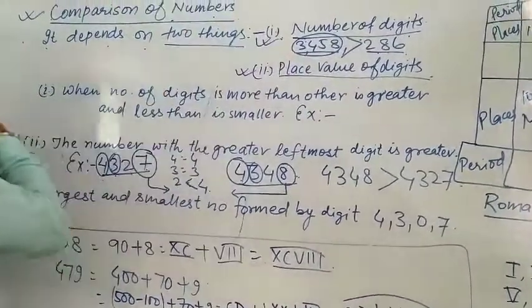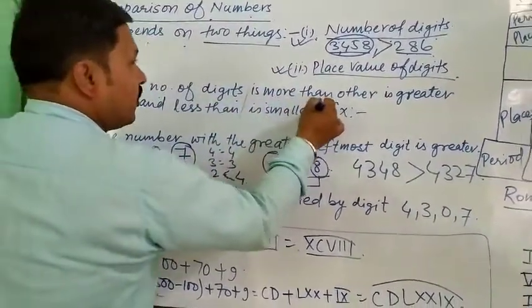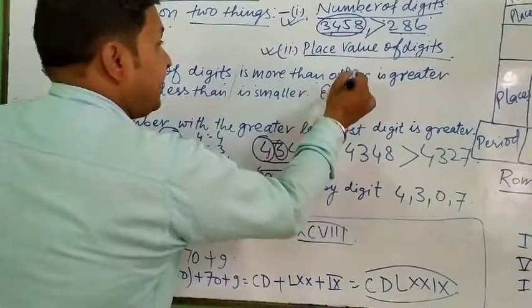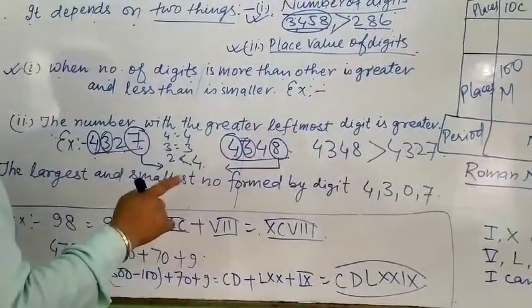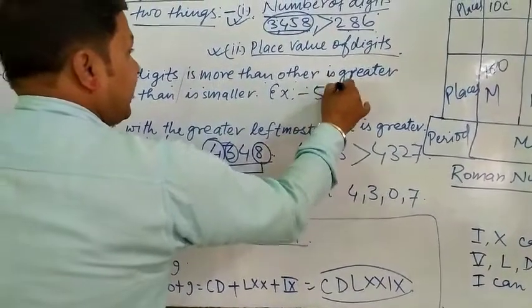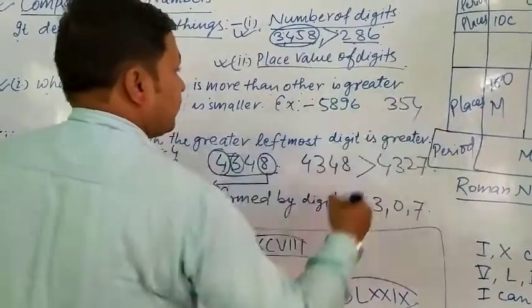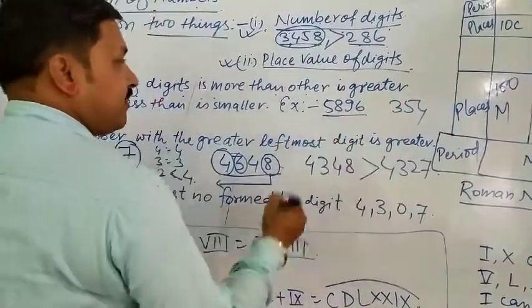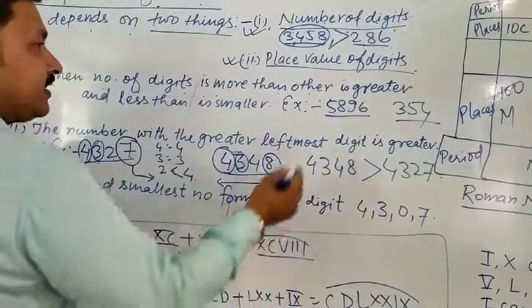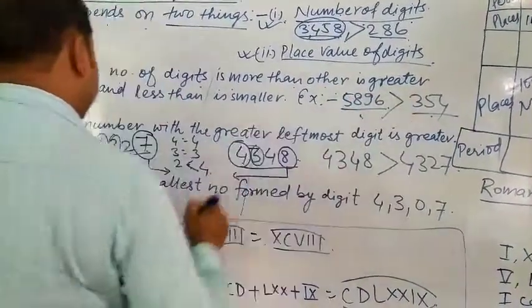According to the first point, number of digits: when a number has more digits than the other, like 5, 8, 9, 6 and 3, 5, 4, this has 4 digits and that is a 3-digit number, so it is greater.